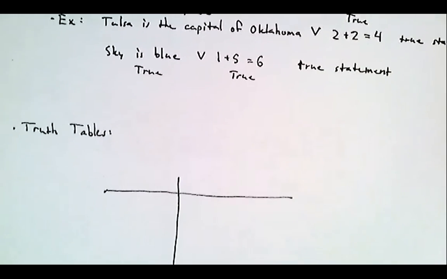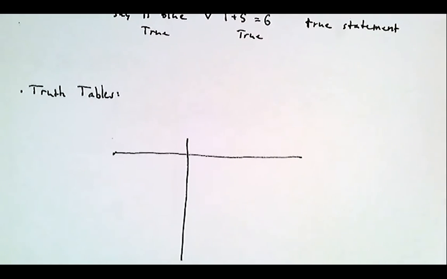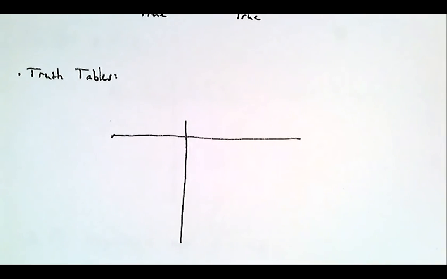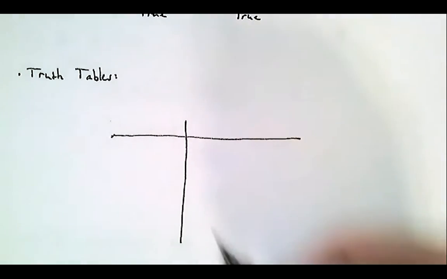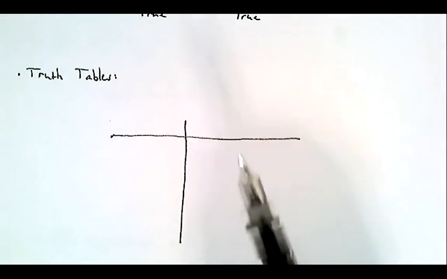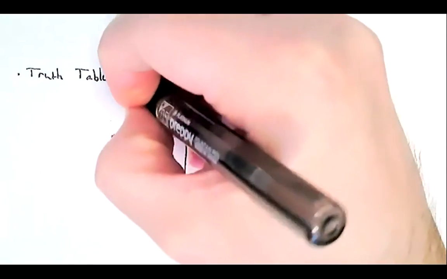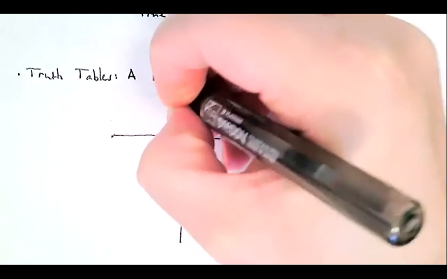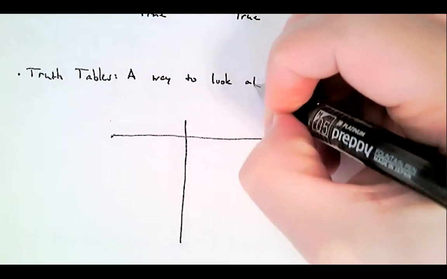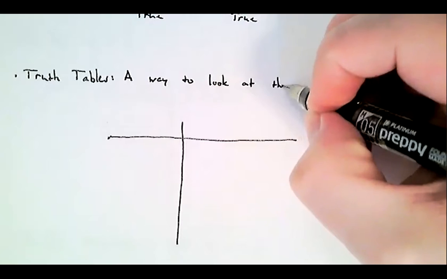Okay, so before we get to the third kind of logical connective, we need to talk about truth tables. And truth tables are a way to look at the truth value of a complex statement. Maybe let's say the possible truth values.